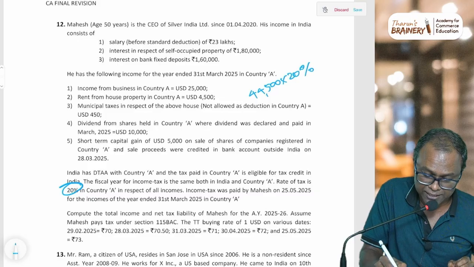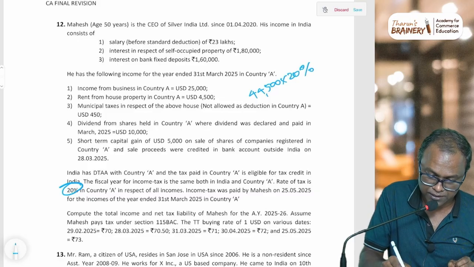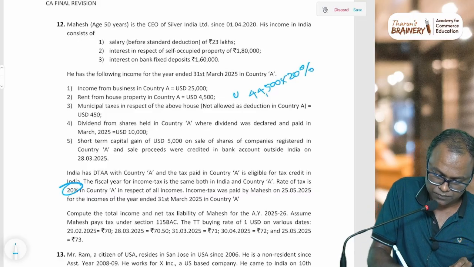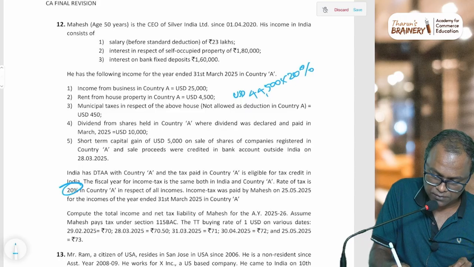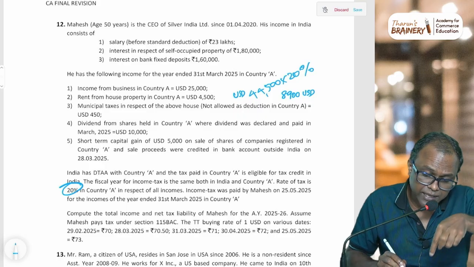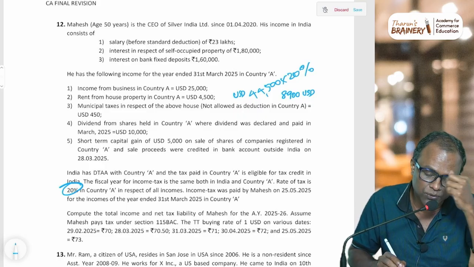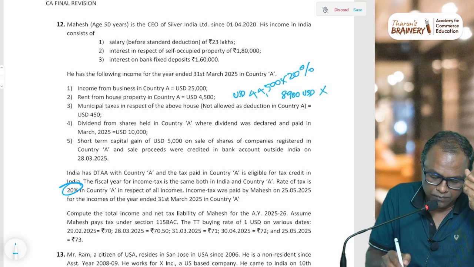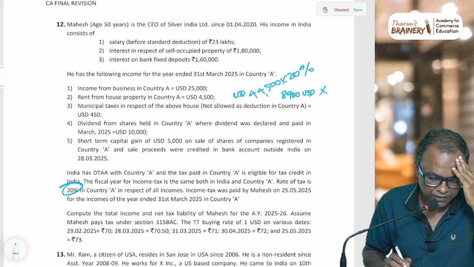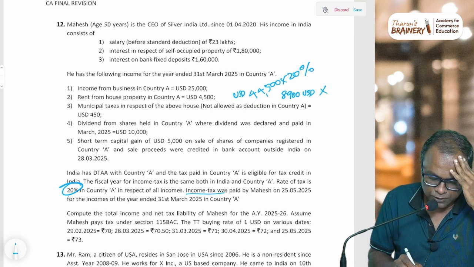So we will get tax paid in foreign country in USD. How much? 8,900 US dollars, right? This 8,900 US dollars tax paid in foreign country, how will it be converted into INR? Given in the question, income tax paid by Mahesh on 25/5/2025.